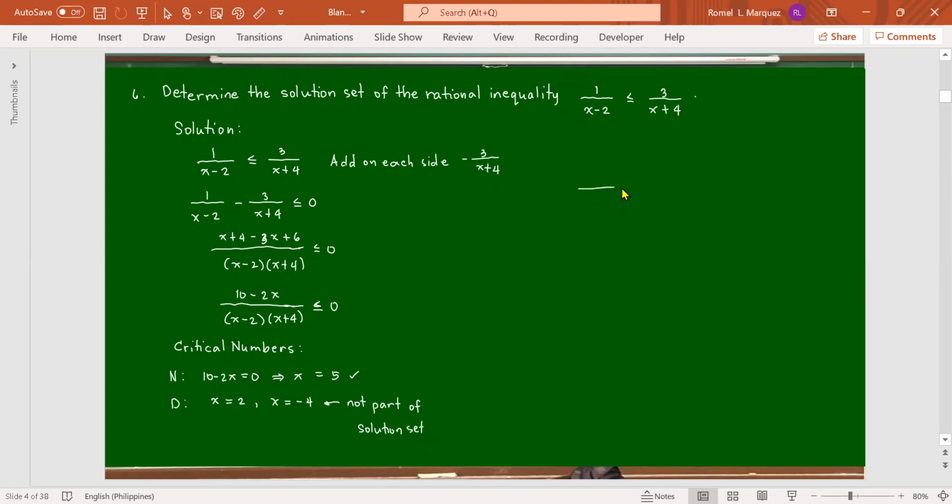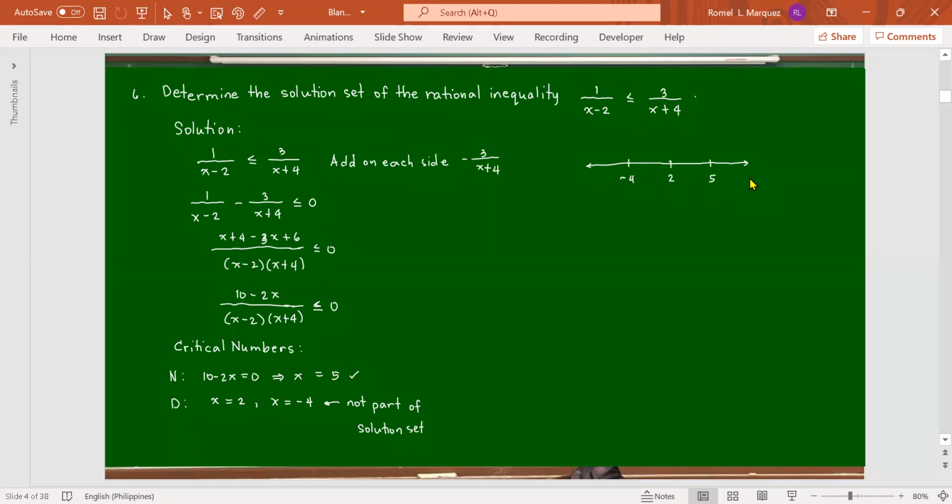So let's have a number line. We arrange the three numbers from lowest to highest: negative 4, positive 2, then 5.